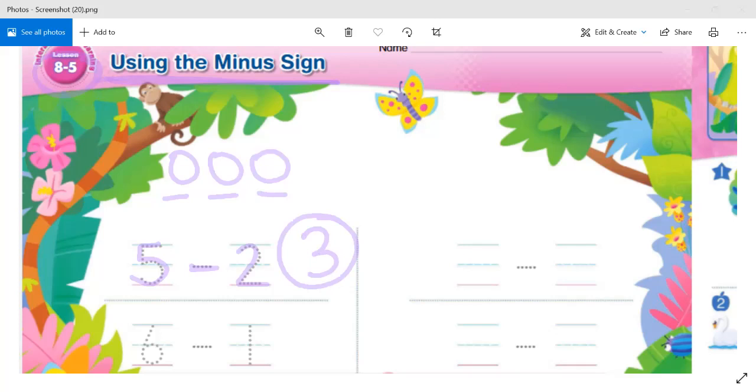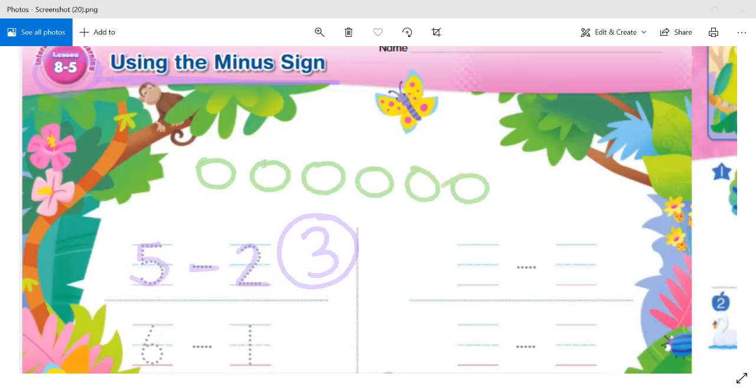Okay. Let's do another problem with a different color. Let's say we have 6 owls. So let's draw some counters to show 6 owls. 1, 2, 3, 4, 5, 6.